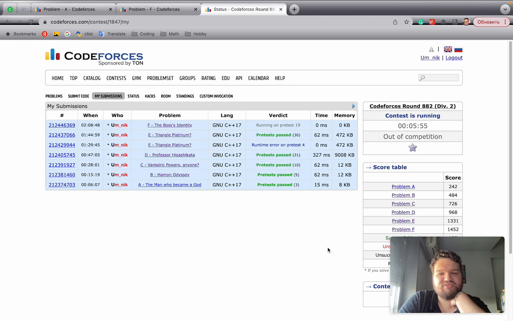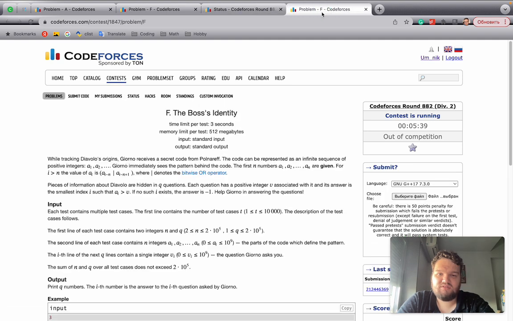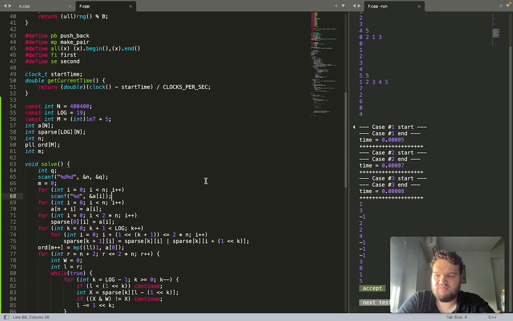There is like a chance of time limit, but I don't think so. All the logarithms are kind of not that heavy. 1.7 and time limit was 3. So almost half of time limit.